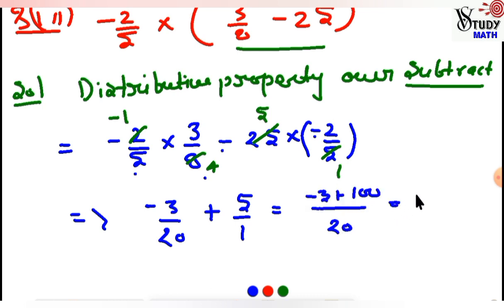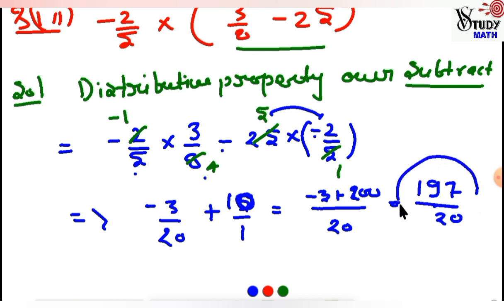So we have 97 by 20. Oh sorry, we have to multiply this 5 into this 2, so that becomes 10, and that becomes 200. So we have 197 by 20, and this is the answer of this problem.